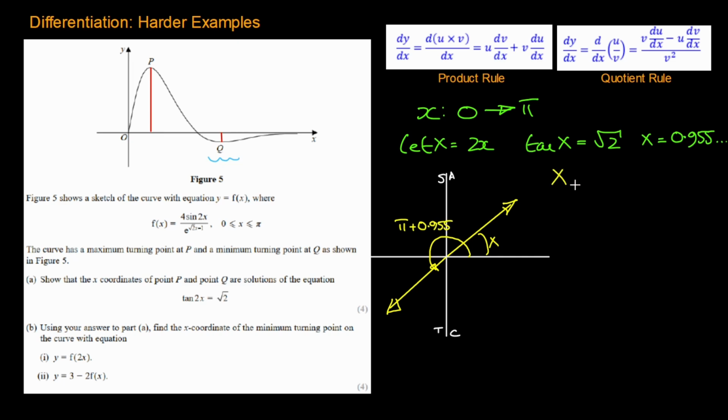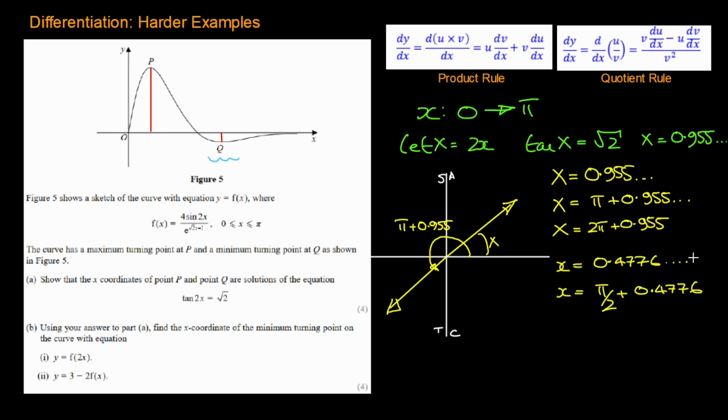So our list of solutions are that X is equal to 0.955, and our next solution is pi plus 0.955, and the next one, if we need it, is 2 pi plus 0.955. Remember, these are solutions for big X. Little x will be half these amounts. So these are our first two solutions. This must be coordinate P, and this must be coordinate Q.